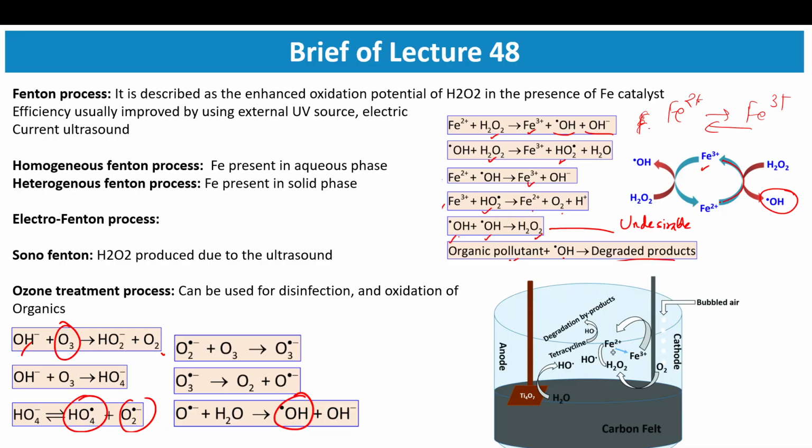So it is very important to maintain the pH throughout your process, otherwise the chances of Fe3+ precipitation increase. At the end this process generates sludge, and you need to add more and more Fe2+ during the process.